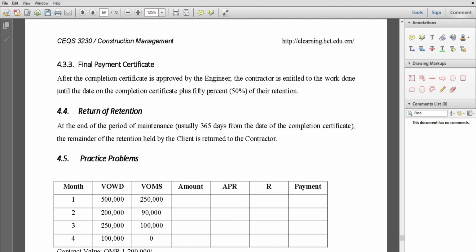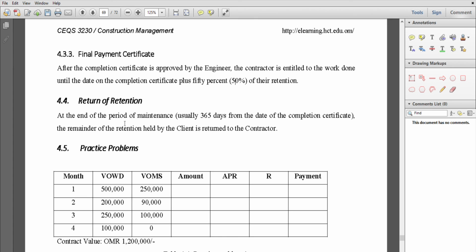And how much is the retention payment? We said that it is 5% of the total amount of the contract. So from that 5%, after the successful completion of the project, you can get back 50%. Then the other 50%, which is the return of retention at the end of the maintenance period, as they call it, which is usually 1 year, 365 days from the date of the completion certificate.